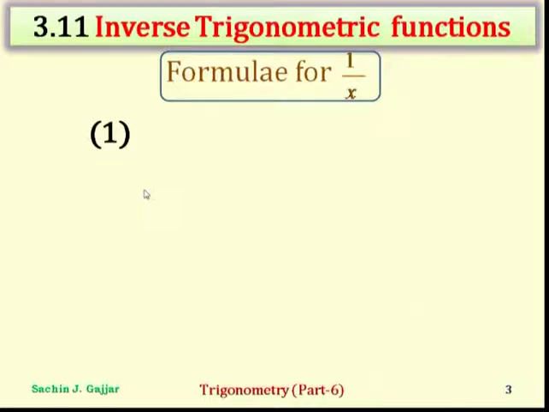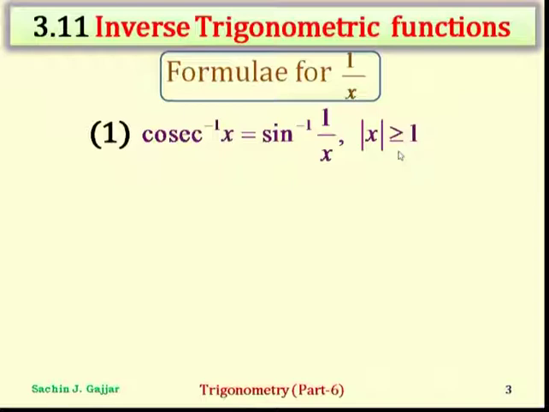So the first formula for 1 upon x is cosec inverse x equal to sine inverse 1 upon x, and the condition is mod x greater than or equal to 1. So for example, cosec inverse 2 is equal to sine inverse 1 by 2.